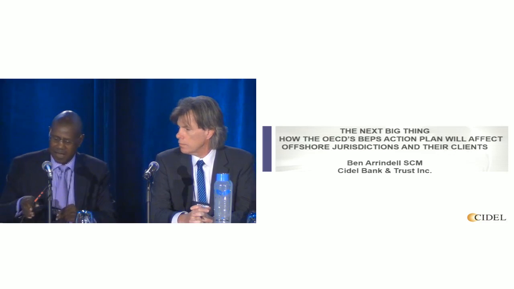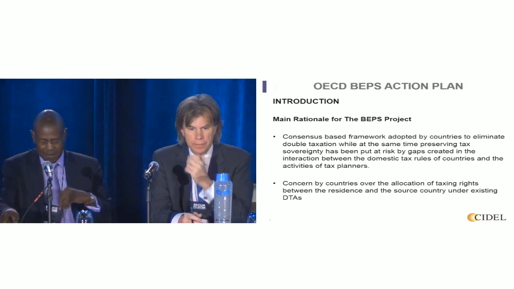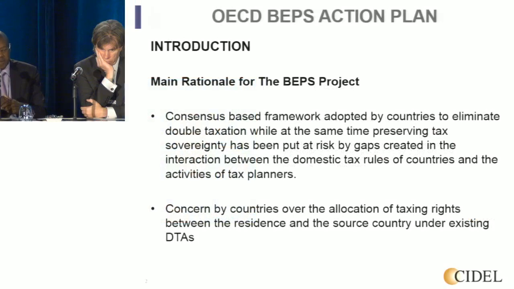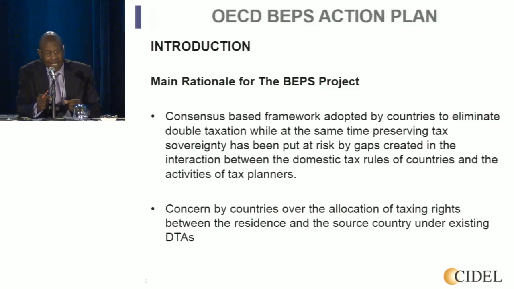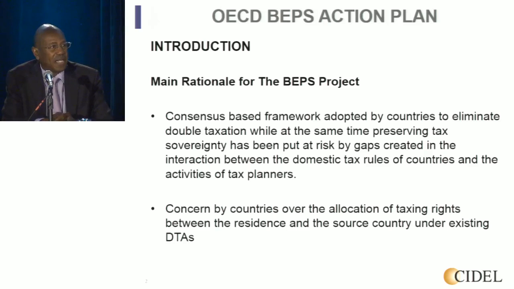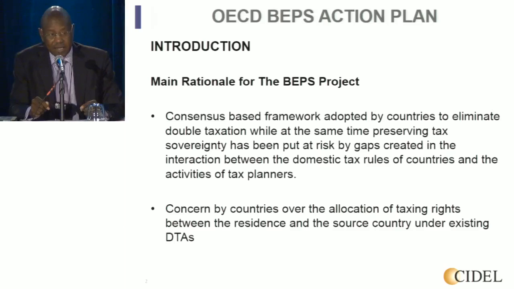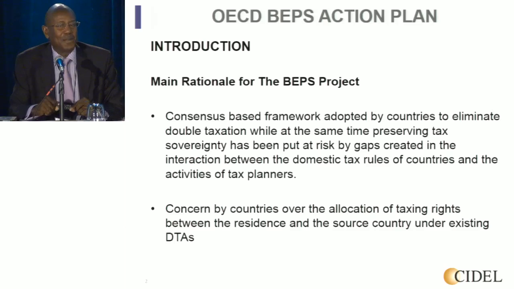The main rationale for the BEPS project is that there is a feeling, particularly amongst OECD countries, that the consensus-based framework adopted by countries to eliminate double taxation, while at the same time it preserves sovereignty, has been put at risk by gaps created in the interaction between the domestic tax rules of countries and the activities of tax planners, and to some extent also the interaction of the double taxation treaties with the domestic legislation.